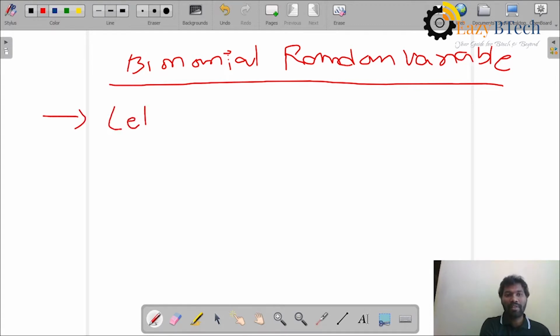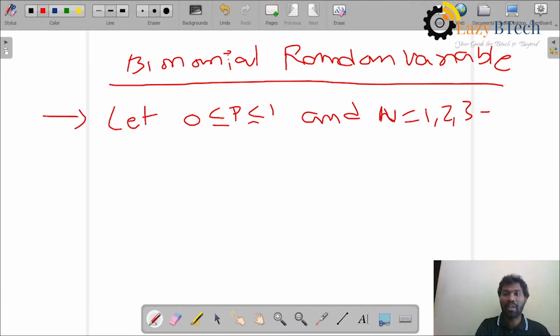Let us assume 0 less than p less than 1. That means the probability always lies between 0 and 1. And let capital N equal 1, 2, 3 and so on.